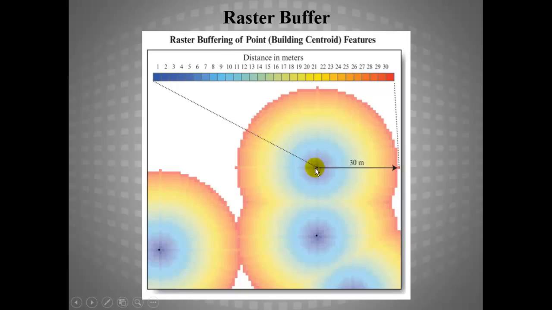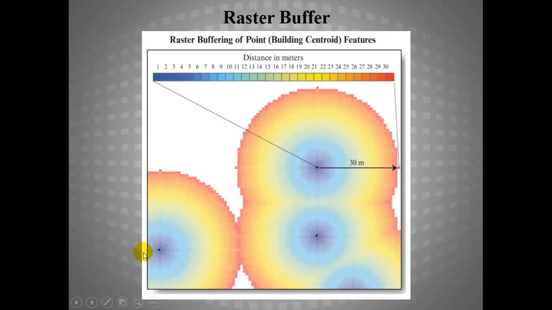So in this case, the source cell here is right here, and this cell is out here about 30 units from that source. This cell is out about 30 units from this source. So you give it the source cells, and it's going to calculate the distance from the closest source cell. So Euclidean distance gives you a raster of distances.